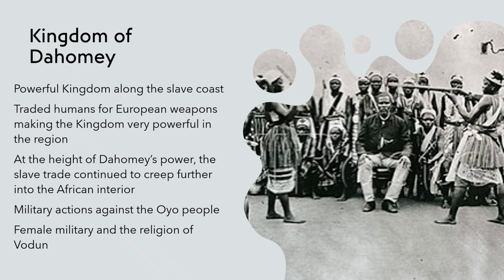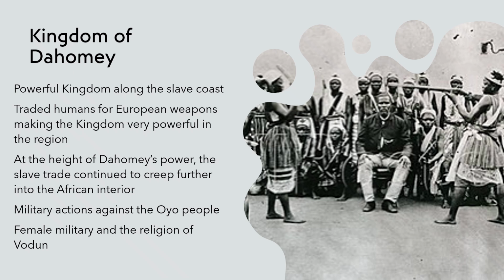One of the interesting things about the Doheme Kingdom is a couple of things. One is the fact that they did use female soldiers in their armies. And this really, in many ways, shocked the Europeans.